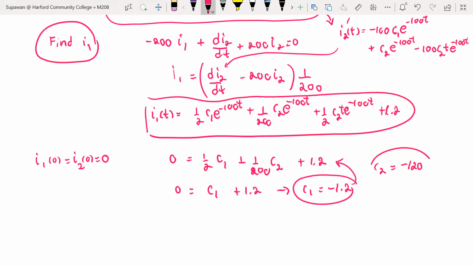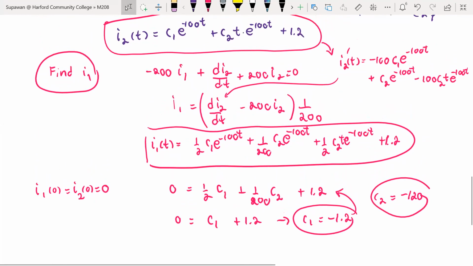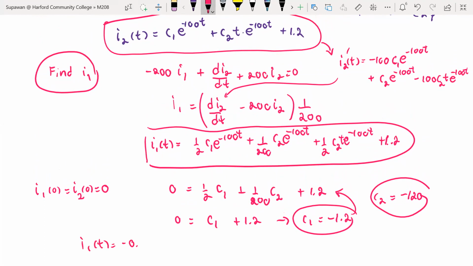After we get C1 and C2, put them back into the equations for both I1 and I2 to get the solution of this system. As I1 at t equals negative 0.6 e to the negative 100t, sorry, minus 0.6 e to the negative 100t, and then minus 60 times t e to the negative 100t plus 1.2.